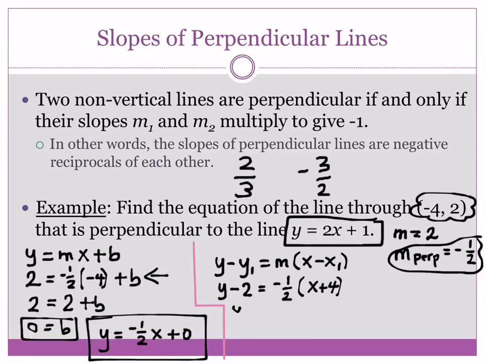All right, so we've got y minus 2 equals negative 1/2 x, and then negative 1/2 times the 4 would be negative 2. And then we add our 2 from the left to the right. And of course I still get the same equation, y equals negative 1/2 x. Different perspective, same result. Okay, pick your favorite.